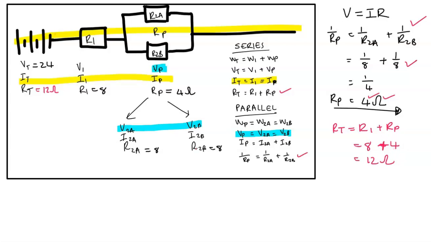Okay, now finally we can do the 2 out of 3 thing. So let's work with VIR for the battery. So V equals I times R. I'm working with a battery, so it's my total values. VT is 24, I don't know, and R is 12.